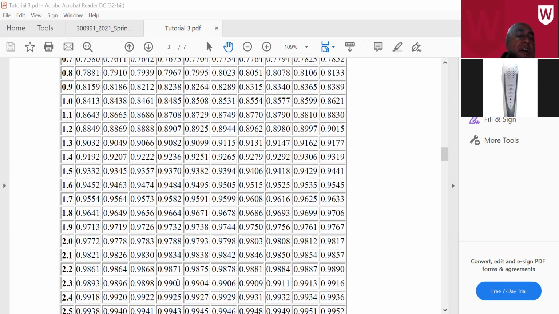So for an F value of 0.9898, our Z value is 2.32 at this cell.